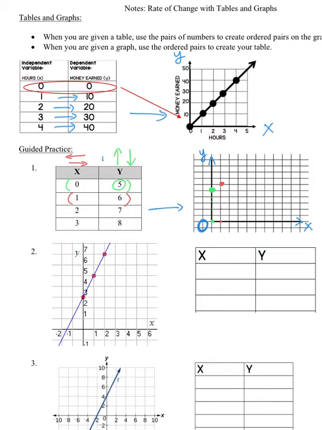Next point I'm about to graph is 2 and 7. 2 is x, 7 is y. So start at the origin, going to the right 2 units, and going up 7. 1, 2, 3, 4, 5, 6, 7. And then the last point is 3 and 8. So 3 is x, 8 is y.